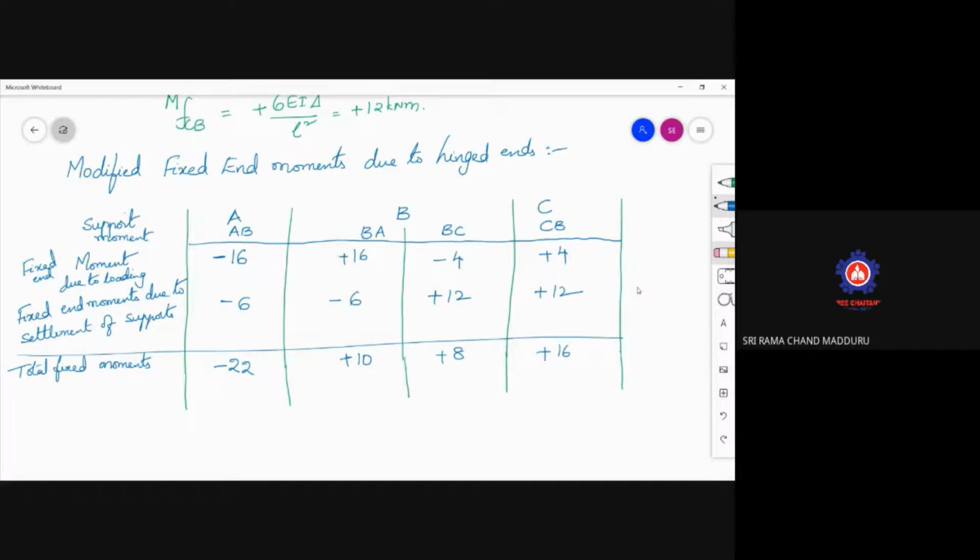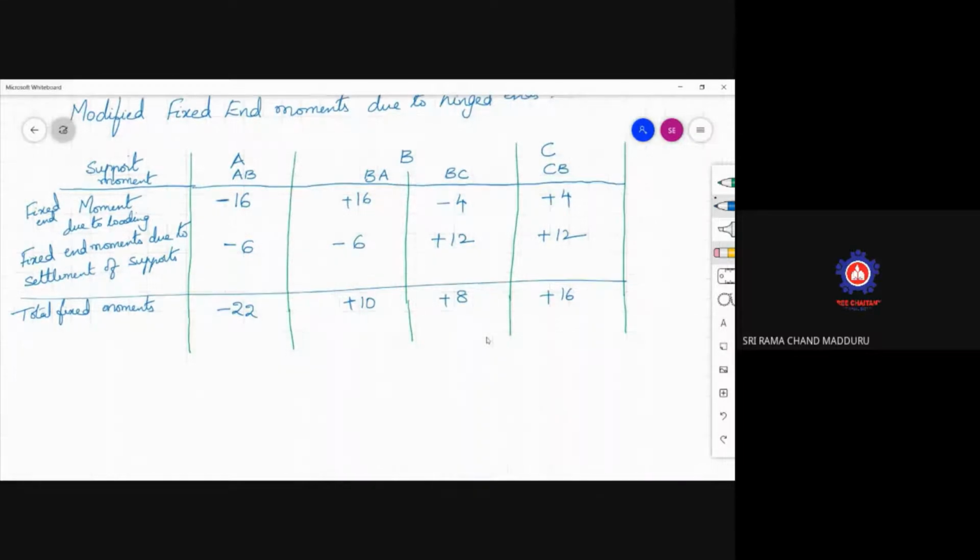Just we have added, as in the case of moment distribution method also, in the first step, we will add the fixed end moments. In a similar manner, you add the fixed end moments due to loading as well as fixed end moments due to support settlement.